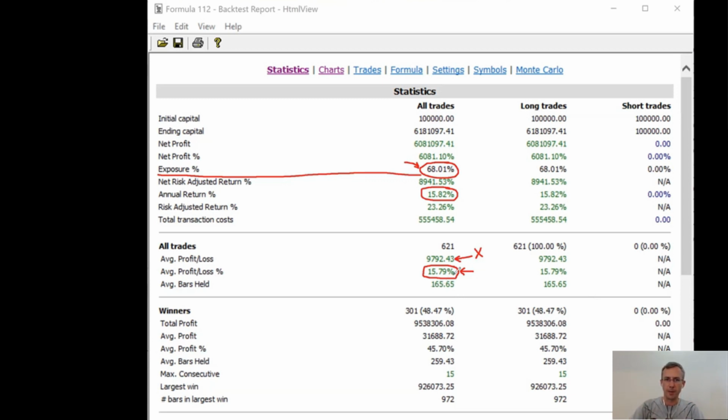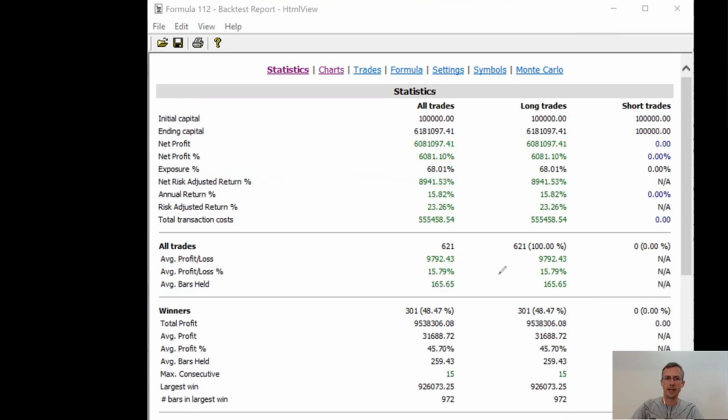I look at the average bars held because I want to make my money more efficiently if I can. Or if there's a reason to hold for the long term, like tax considerations, I want to know that my average profit is held for a long time. And these two stats, the average profit loss and the average bars, are broken down for winners and losers.